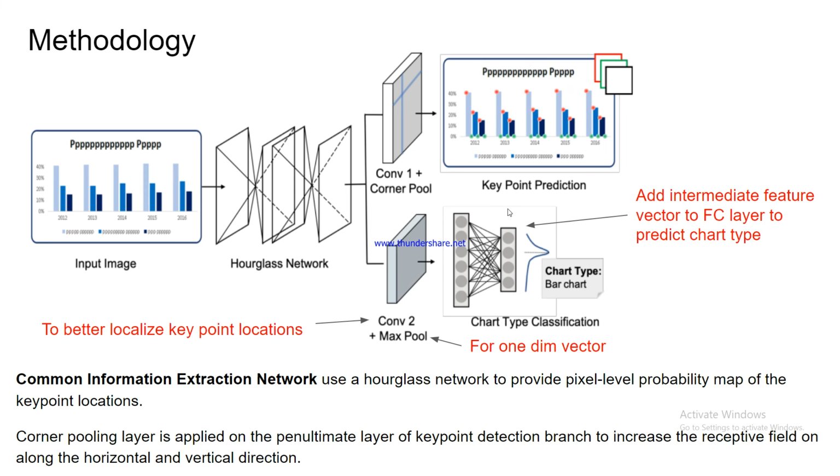For type classification, the last layer adds the intermediate feature vector to a fully connected layer to predict the chart type.